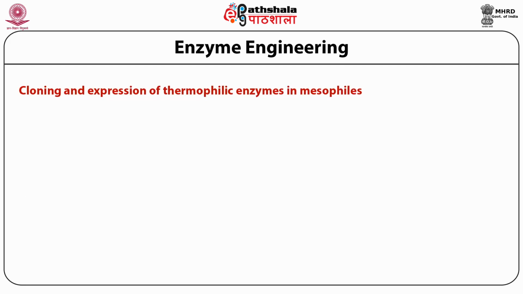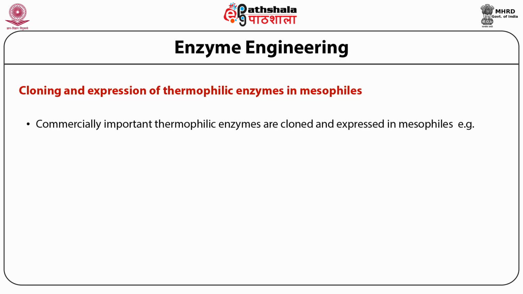To continue into the enzyme engineering and cloning of the thermophilic enzymes, let us look at the various hosts which have been used till today for commercial production of these enzymes.